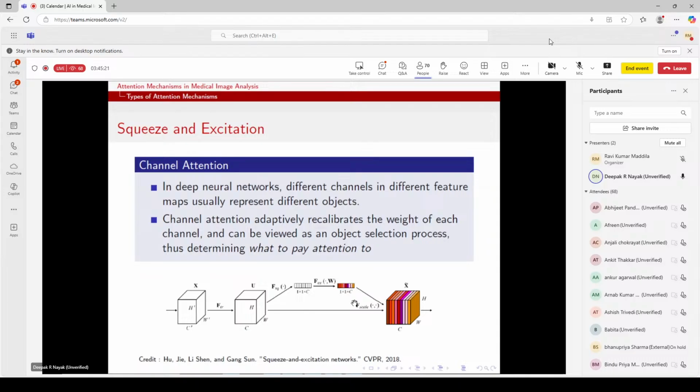So now, in the case of spatial attention, can you tell me whether I will get a one-dimensional weight vector or a two-dimensional weight matrix? I mean, should the attention weights be one-dimensional or two-dimensional?